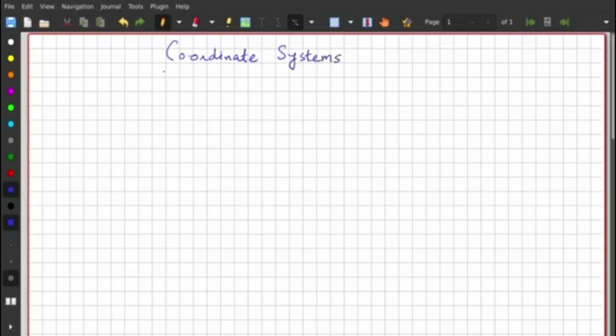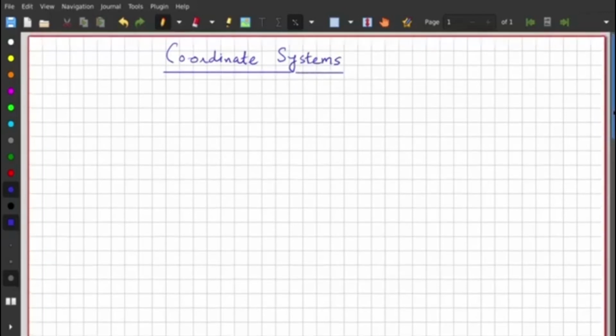Okay, so up to now, I think from our undergraduate studies as well as our high school studies, we have seen the use of coordinate systems quite a bit, and we have different kinds of coordinate systems.